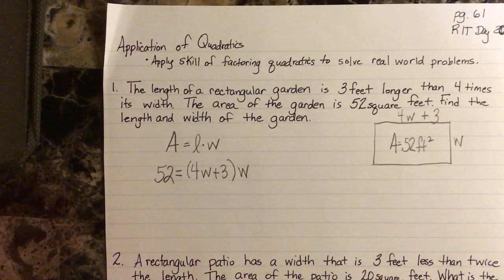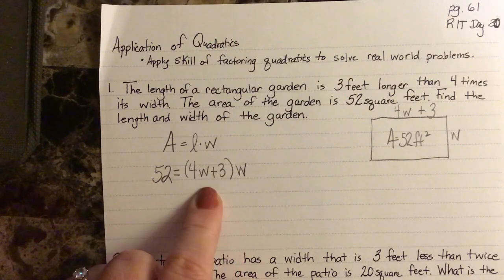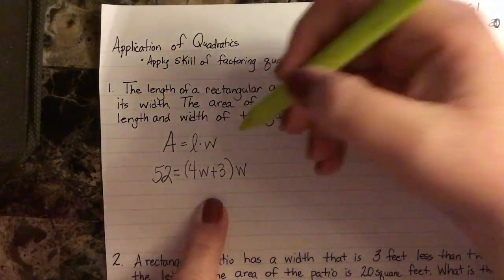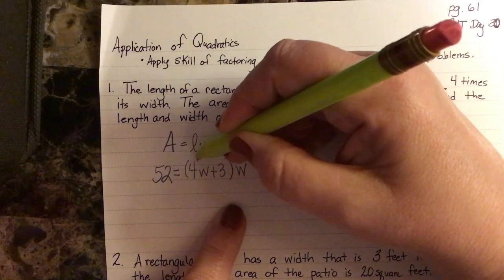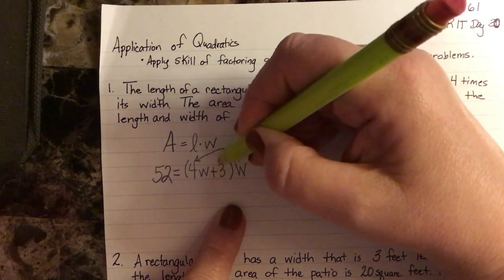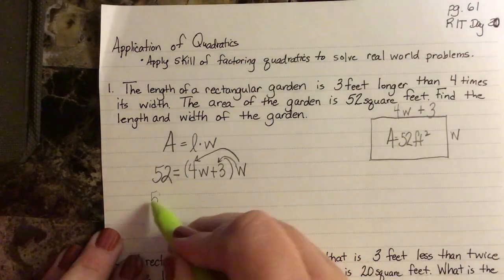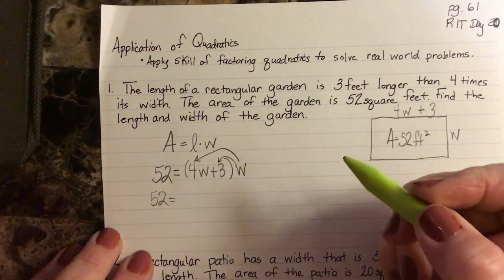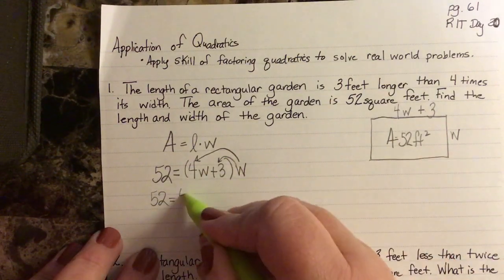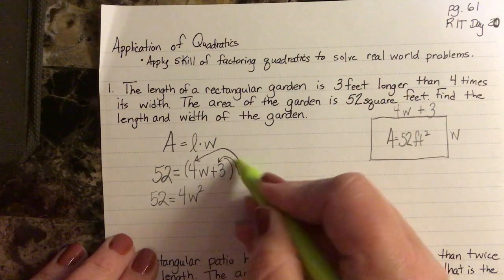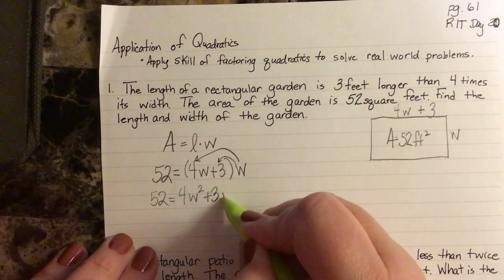So the first thing that I'm going to do is simplify the right-hand side of my problem. I'm going to distribute this W to both of these terms. So I'm going to have 52 is equal to 4W squared plus 3W.